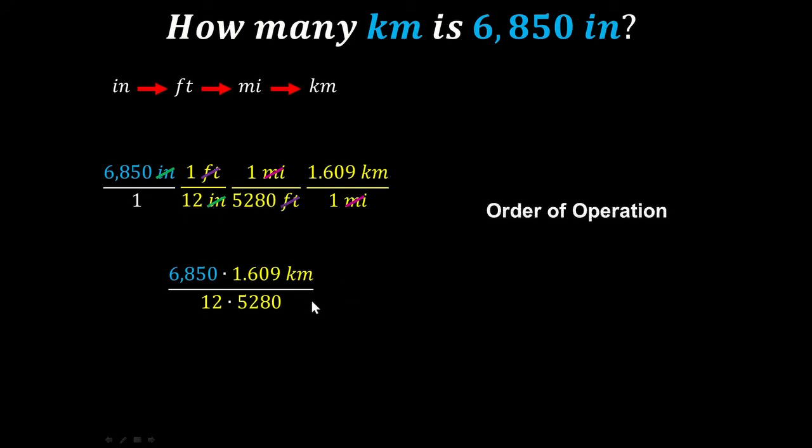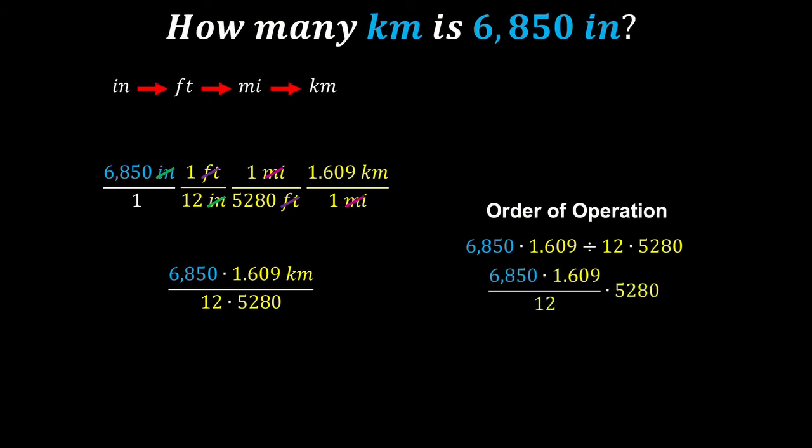So let's talk a little bit about order of operations. When you type numbers into the calculator, are you telling the calculator what you think you're telling the calculator? If I were to take this times this divided by this times that, is it going to give me the right answer?